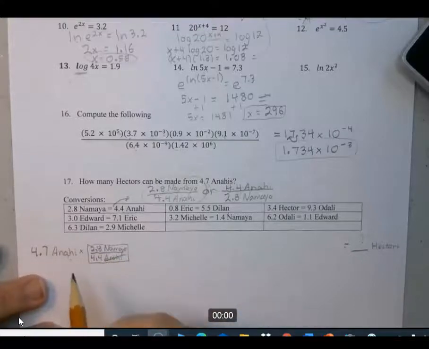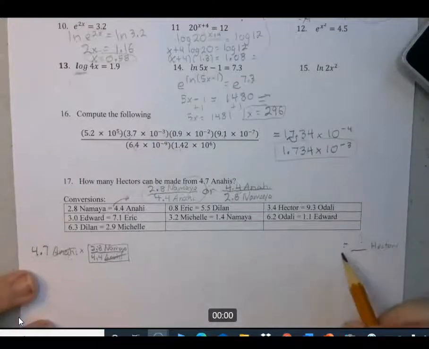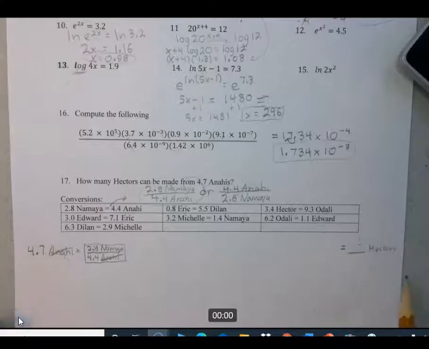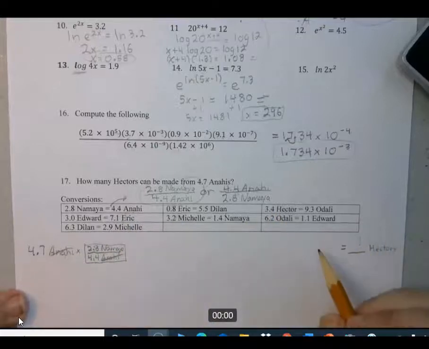So ani is going to cancel. There's no other that had ani in it, so that's the only possibility there. Now let's go over to the other side. I need to have one that's going to leave me with Hector's on the top. Hector, doesn't matter whether it's plural or not. Okay, which one? Well, there's only one of them that has Hector in it, and that's this one.